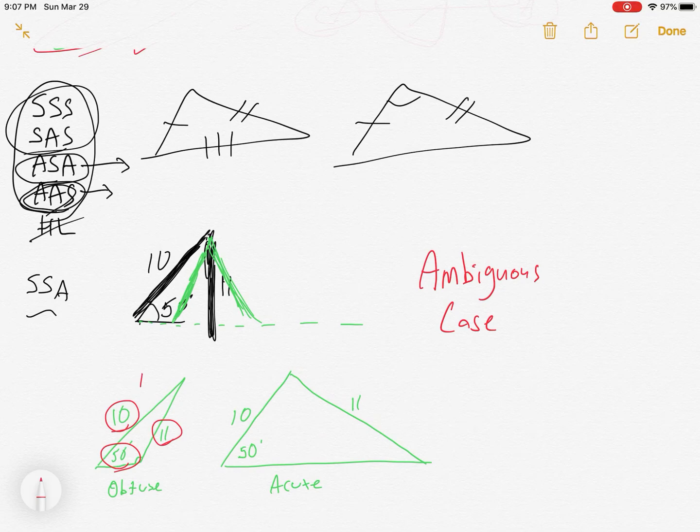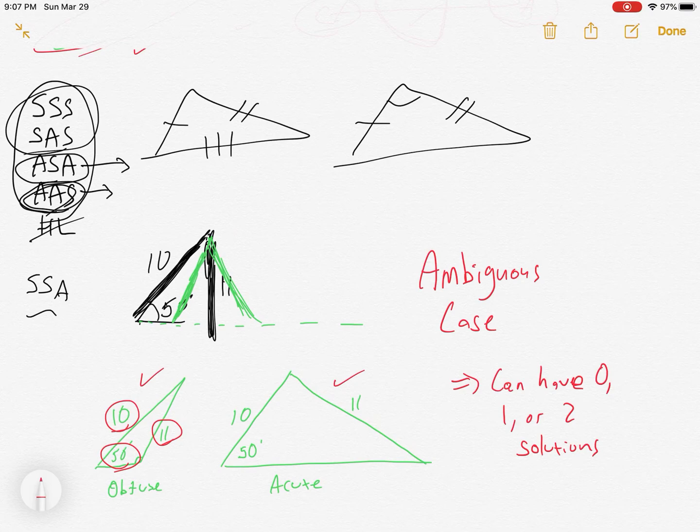You may have 2 possible solutions like this one had. You may have 0 solutions, or you could have exactly 1. So that's going to be the interesting thing about this. You can have 0, 1, or 2 solutions. And we're going to do one of each type of examples on this.